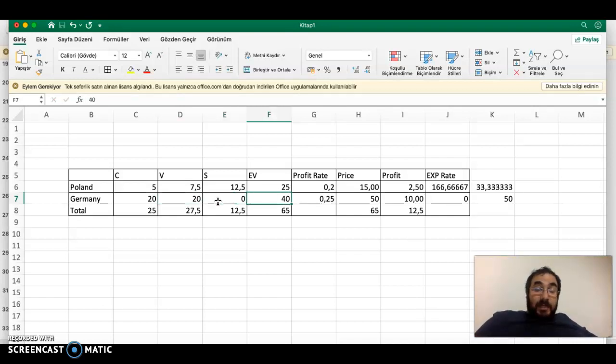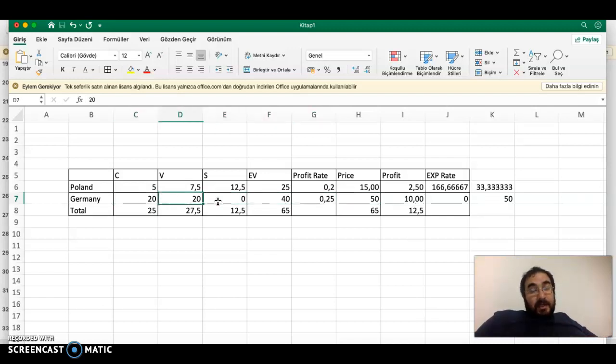But if Germany is trading with Poland, and if it is possible for Germany to distort prices, then the German economy can very well survive.